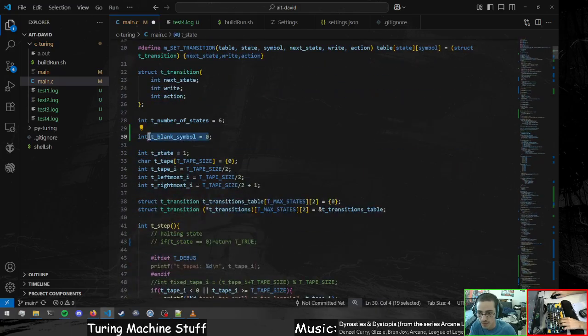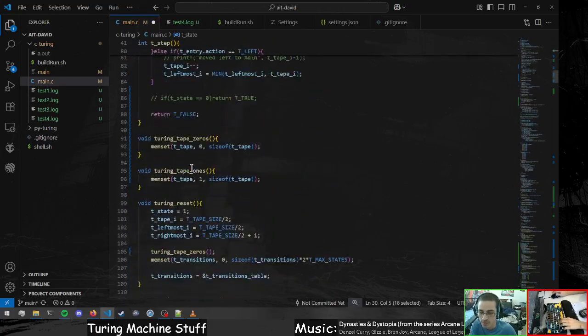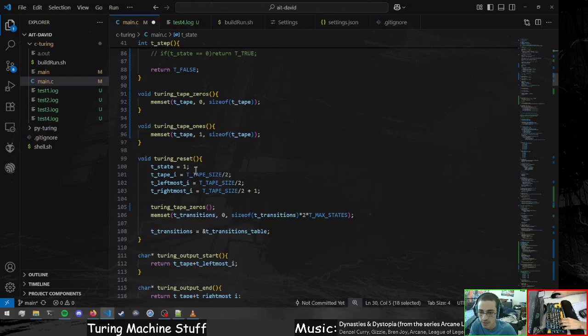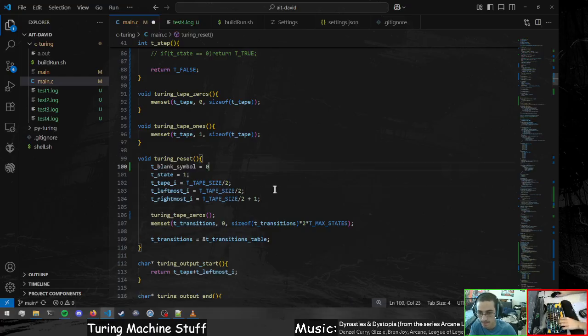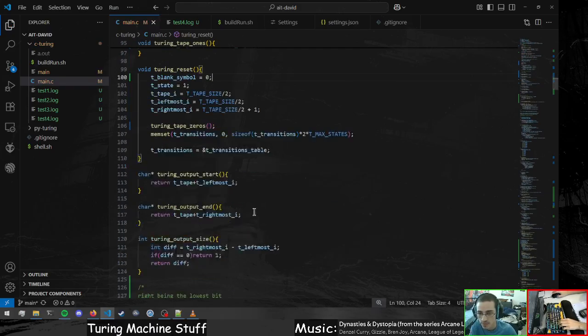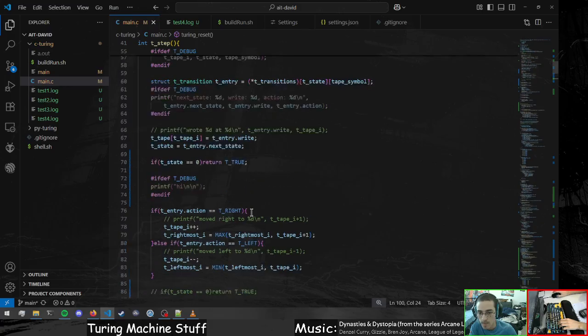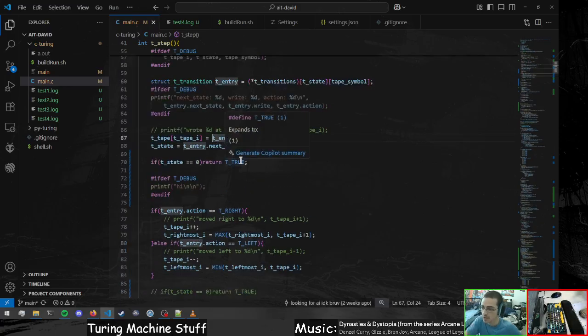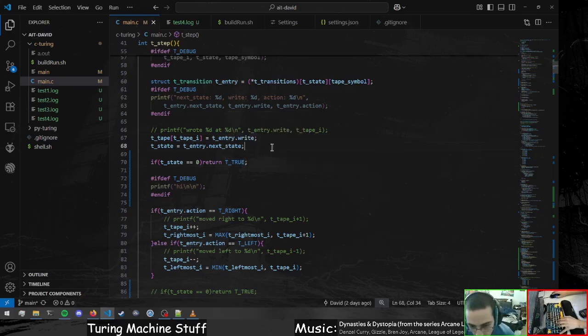And I'm also gonna put that here. Blank symbol is 0. I don't really know what to put here, but I think maybe it's supposed to write the opposite.